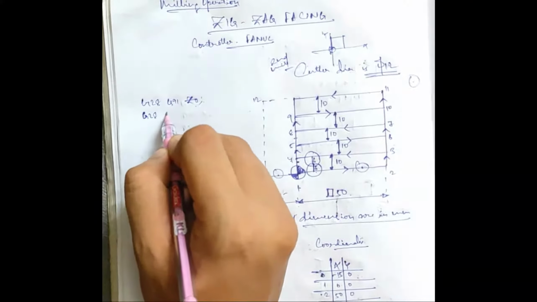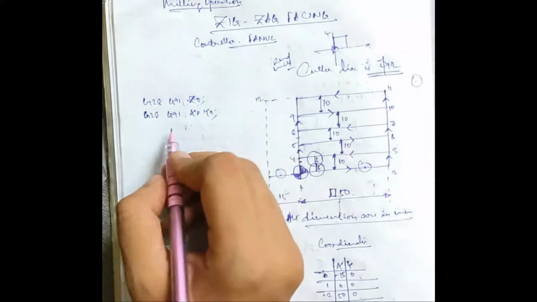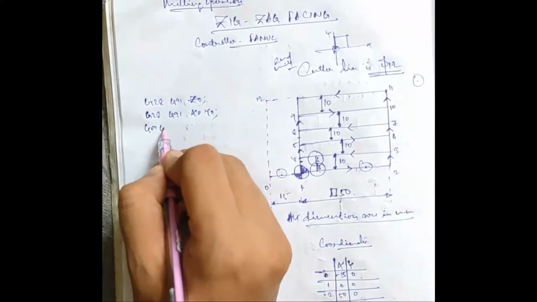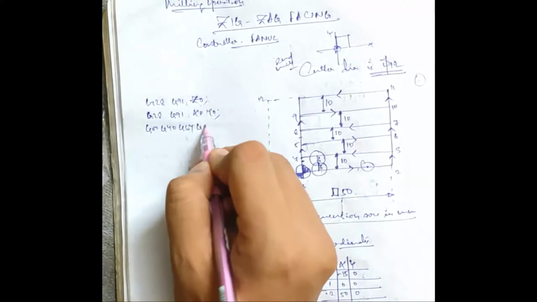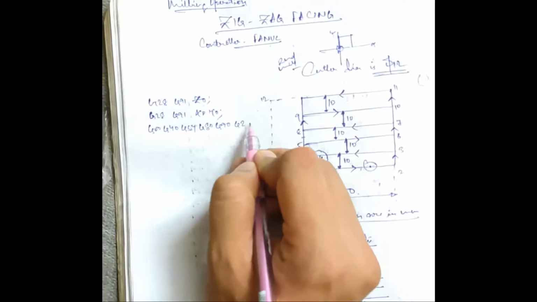G28 G91 X0 Y0. Then G00 G40 G54 G80 G90 G21.